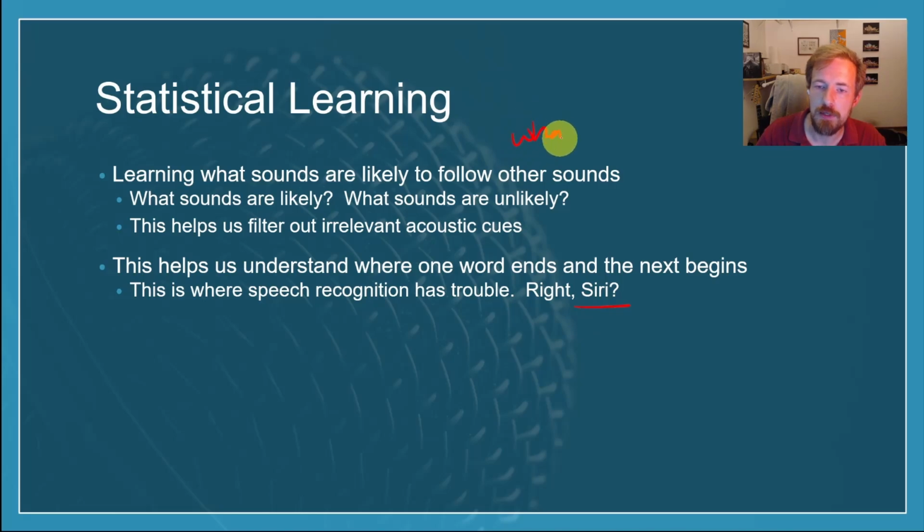So if you're a baby, you're going to hear people say, what's up, right? So you might know that what's and up, this is not really a great example because these are not clearly divided phonemes, but those can sometimes go together.